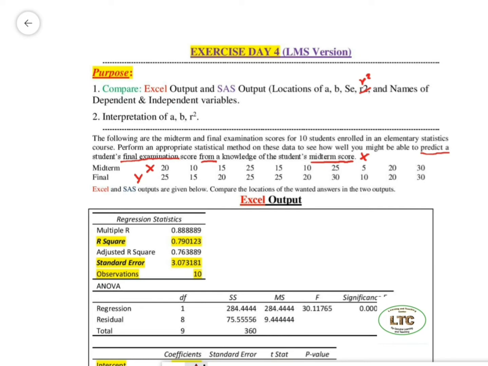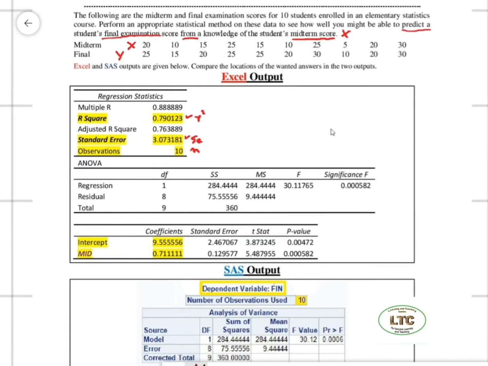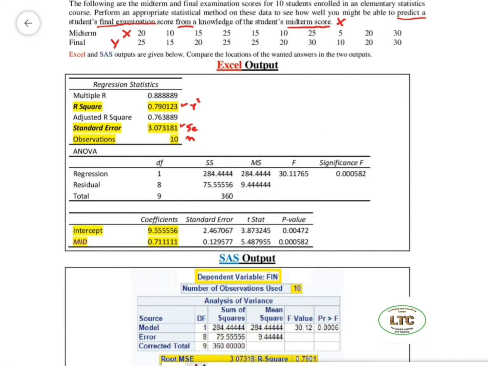Excel and SAS outputs are given below. Compare the locations. So here R square is here, S sub E is here, N is here, and you skip the middle table, the ANOVA table.